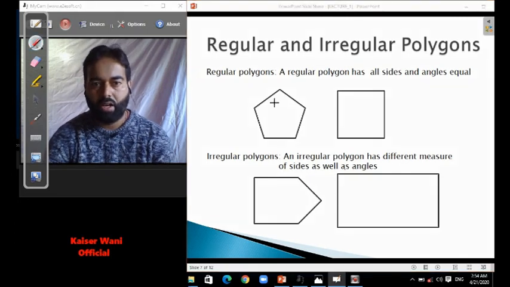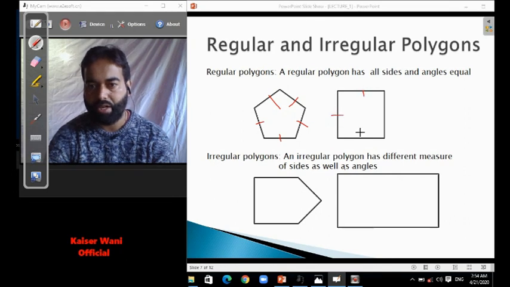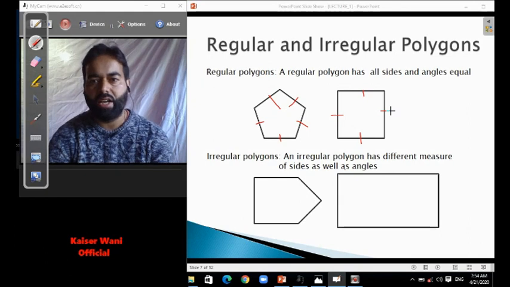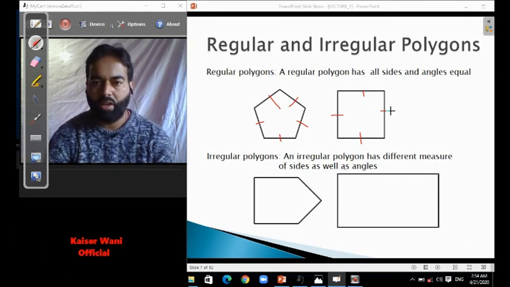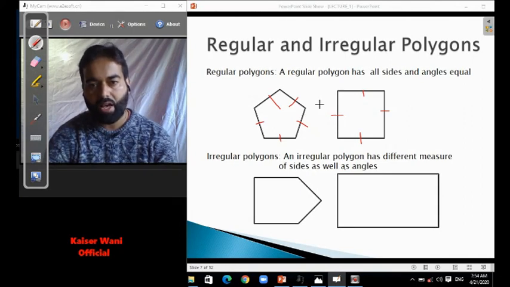Here, this side, this side, this side, this one, and this one, they are all equal. And here, this side is equal to this side. This is a square, all sides are equal. A polygon with all sides and angles equal is called a regular polygon, because when all sides are equal, all angles are also equal. We can say a regular polygon is equilateral as well as equiangular.